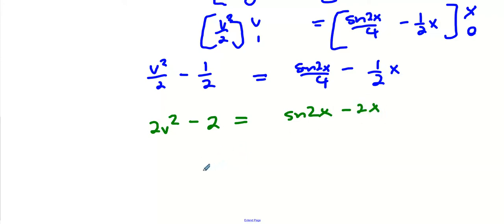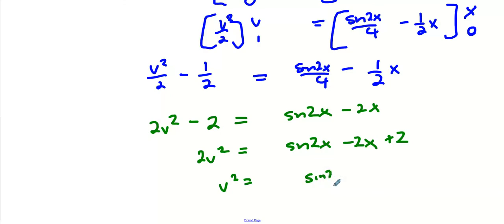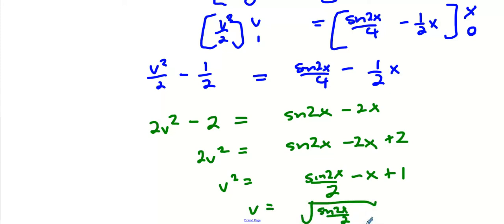Bring the 2 over the other side, so it's going to be 2 phi squared equals sin 2x plus 2x plus 2. Then phi squared equals sin 2x over 2 plus x plus 1. Square root both sides.